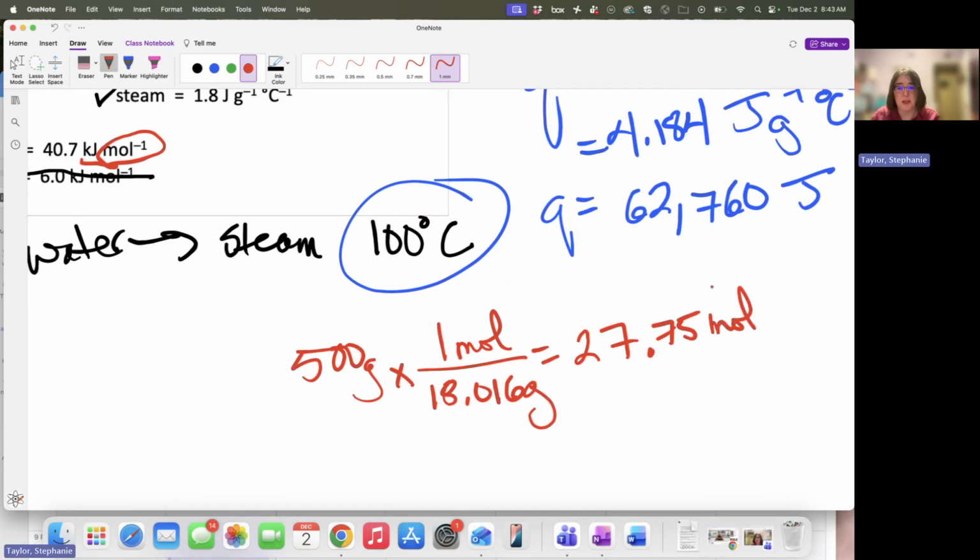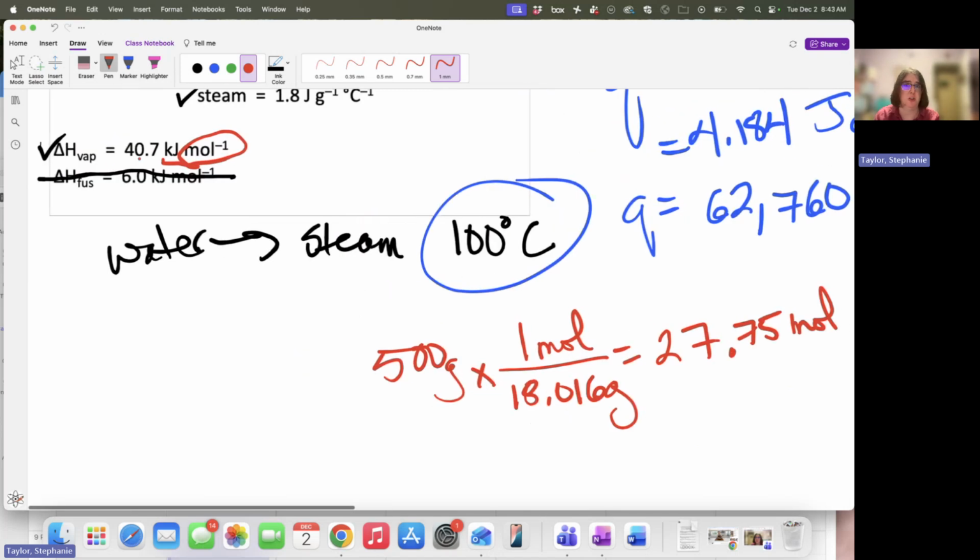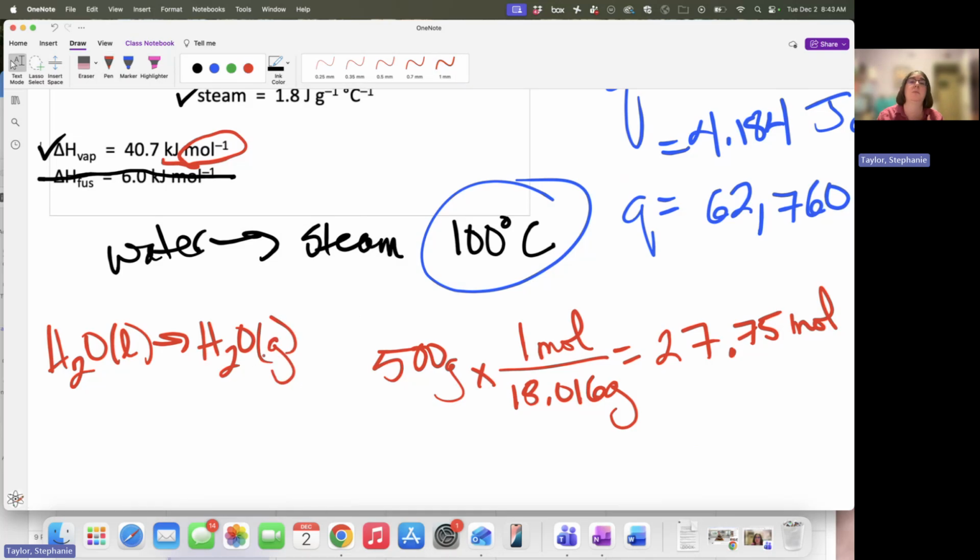And all we're going to do for this is take my moles of water, and the delta H of vaporization basically says for every mole of water, because again, my equation looks like this, that 40.7 is the amount of heat required to boil that, because you're disrupting all those intermolecular forces.